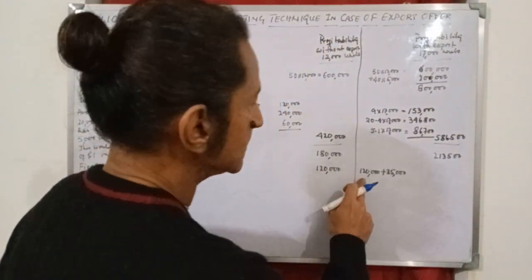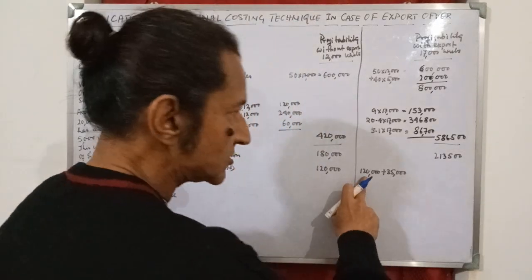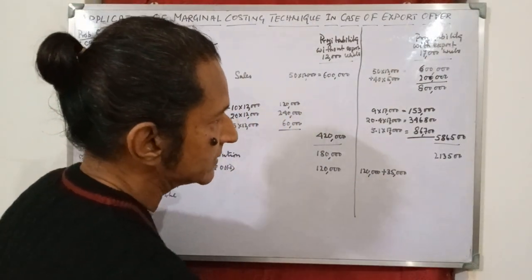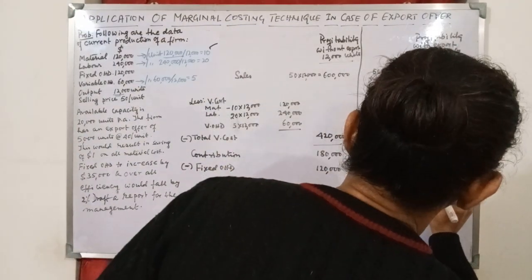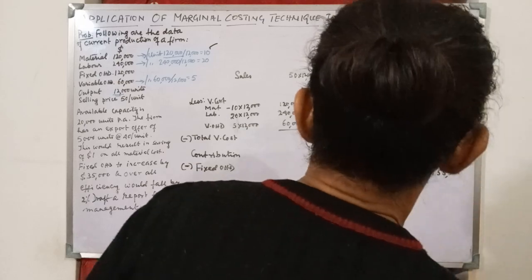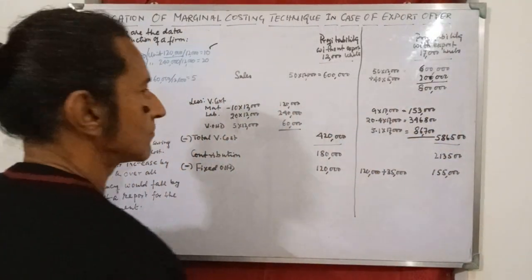So 120,000 current fixed overhead plus additional fixed overhead, that is 120 plus 35, that is 155,000. Okay.